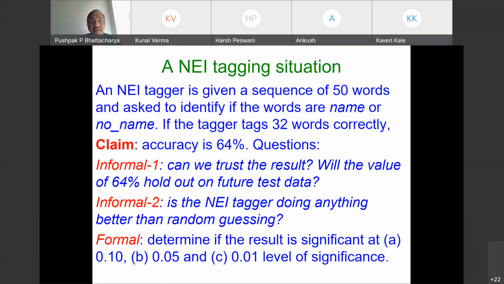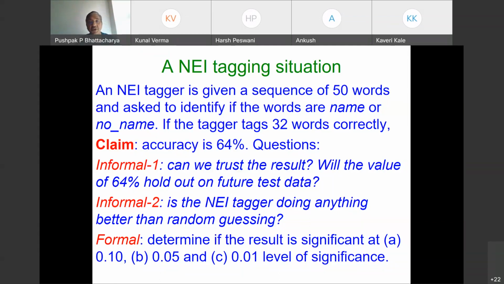this is the claim, and the questions are the following based on the claim. Can we trust this result? Will the value of 64% hold out on future test data also? This is informal question number 1. Informal question number 2, which is slightly more specific, is: is the named entity identifier doing anything better than random guessing?